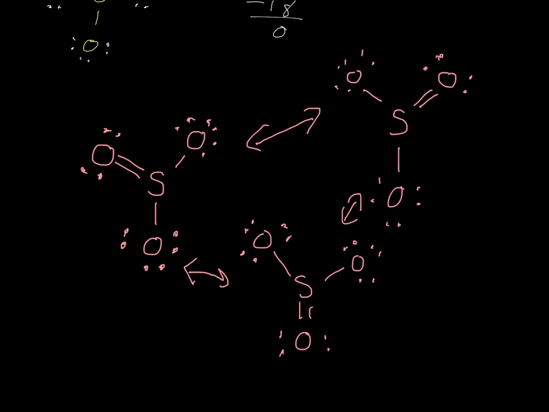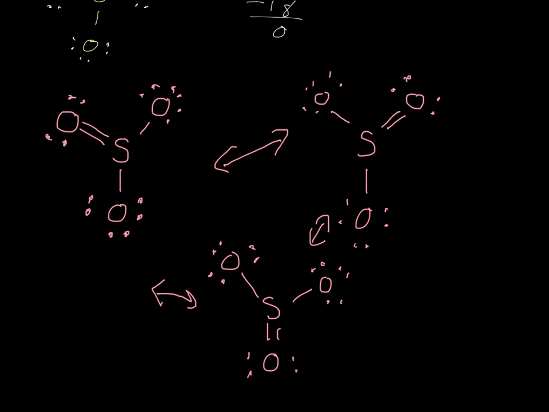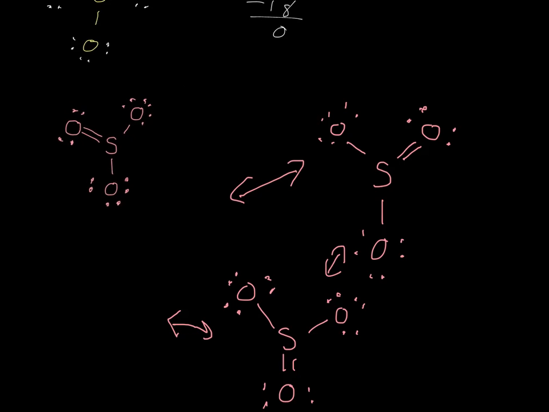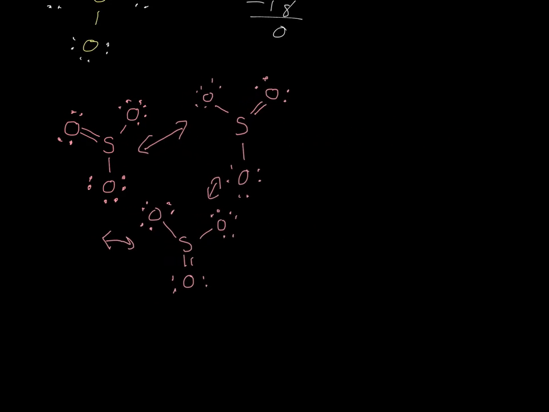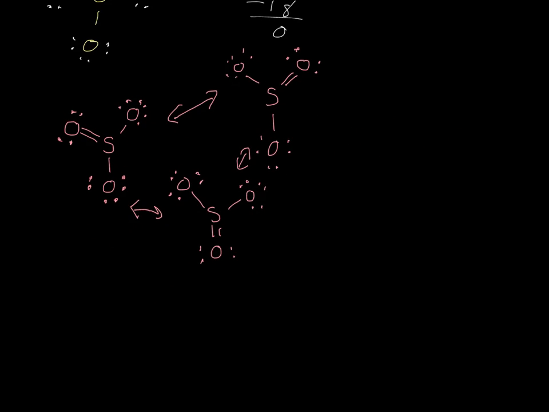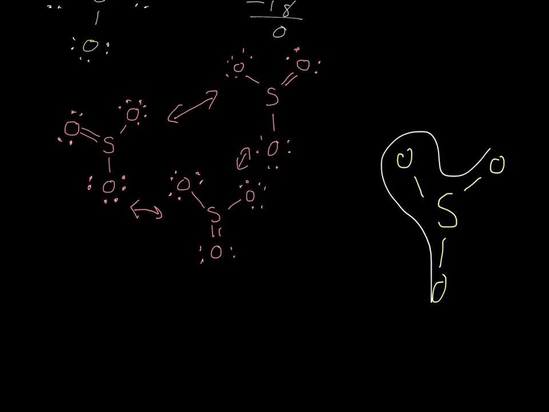So what we have is a situation where this double bond can be thought of as existing between all of these atoms. You'll see textbooks attempt to illustrate this concept by drawing something that looks like this, to try to represent that you've got a double bond kind of floating between all of them.